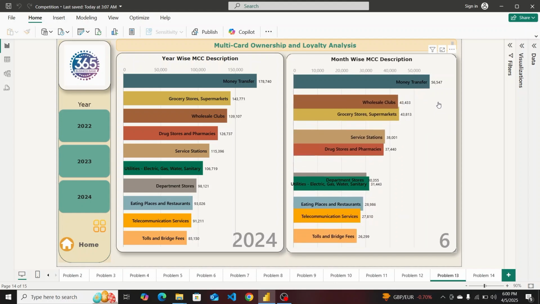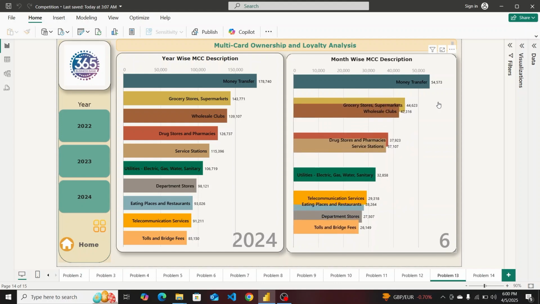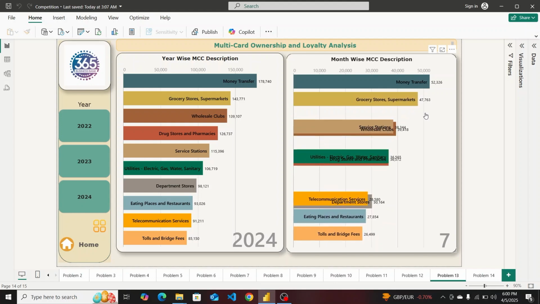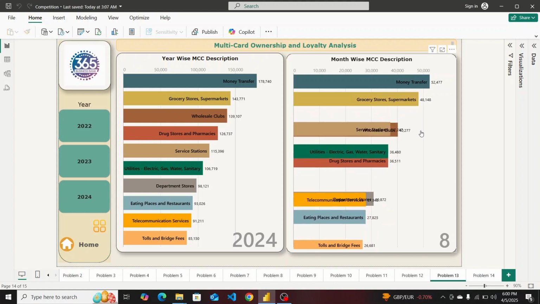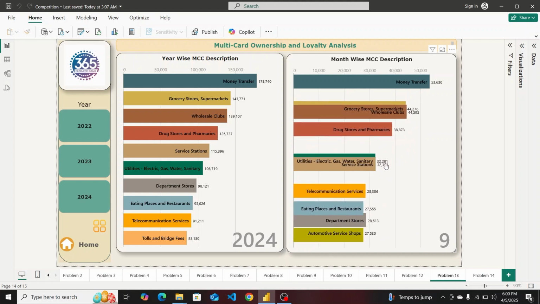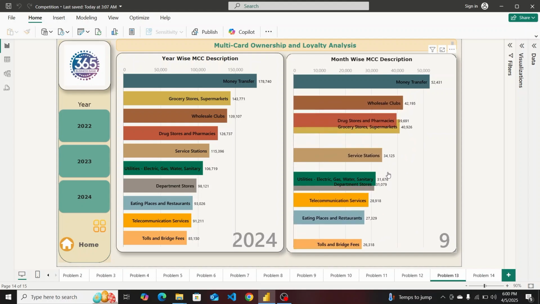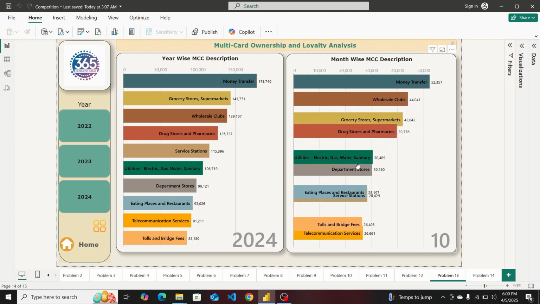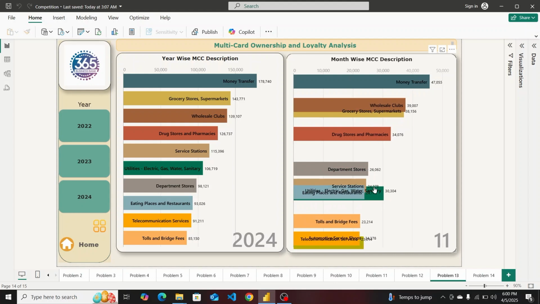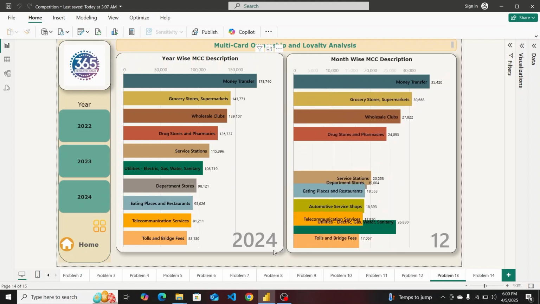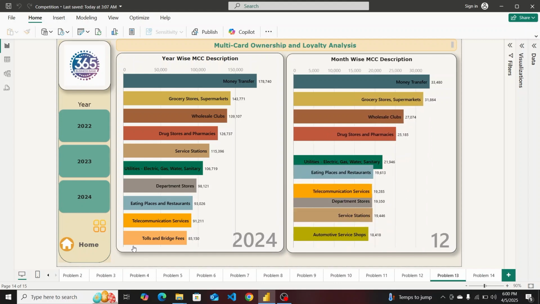Then we have observed that grocery stores, supermarkets, and wholesale clubs volume increases at the start of the month and at the end of the month. Service station bills increase further. Utility bills, electricity, gas, and water sanitary bills move quarterly in a year. So that's all for that.